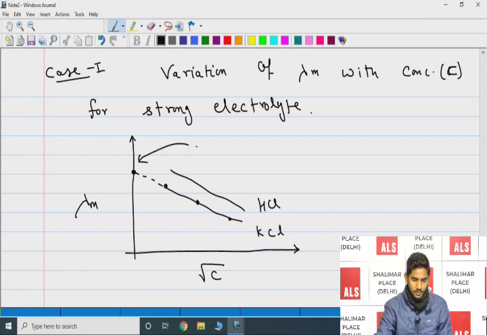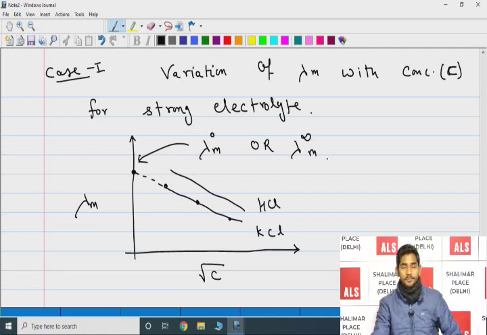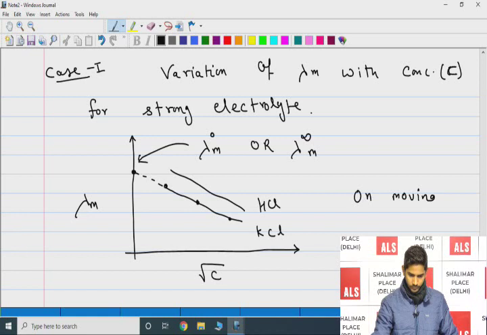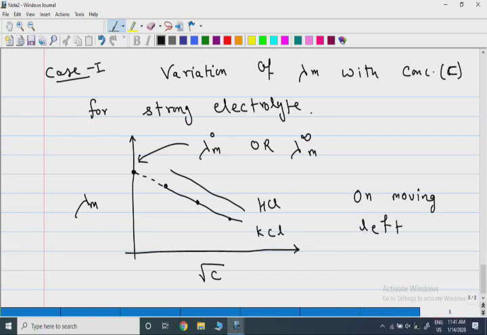This point is known as lambda naught m or lambda infinite m. I'll explain how we have got this graph. On moving left on the graph, molarity, which is concentration, decreases and lambda m increases. First of all, copy this one.